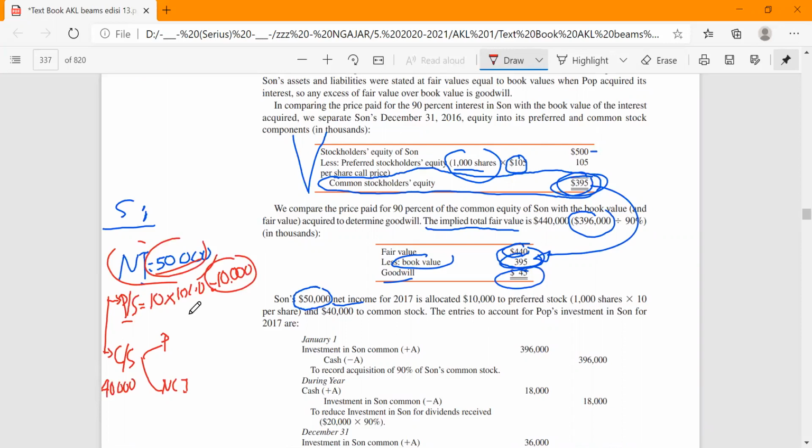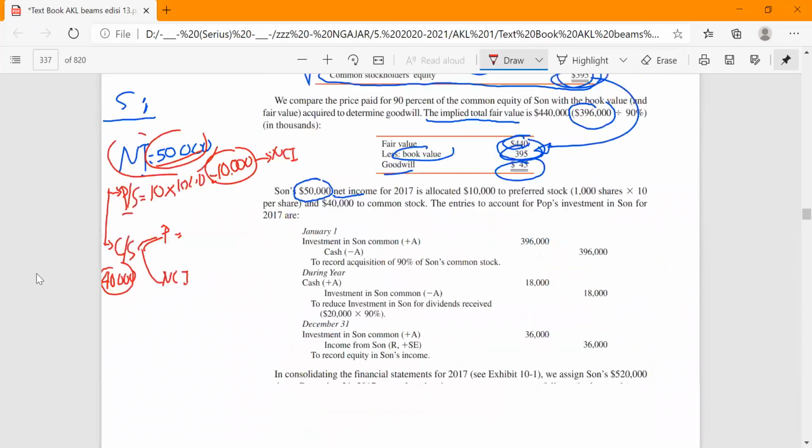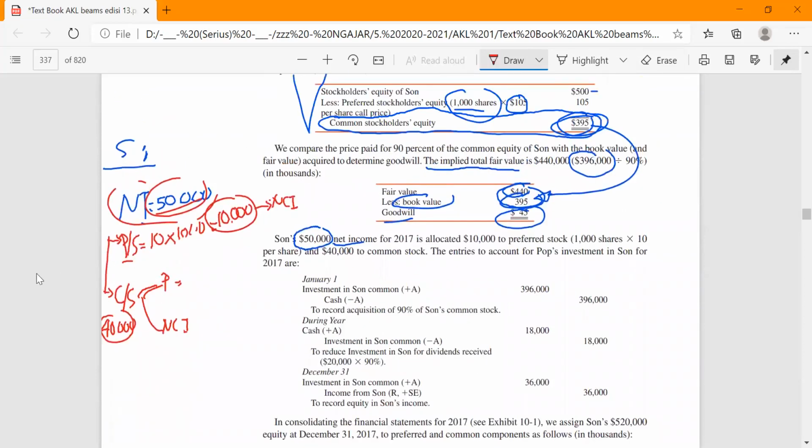And then the next step, this number $40,000 we have to allocate to the parent company and the NCI. The NCI of the common stock, and this one is also of course the NCI of the preferred stock. Because P owned S only 90%, we allocate 40,000 times 90%, and of course for the NCI it is 4,000, right?